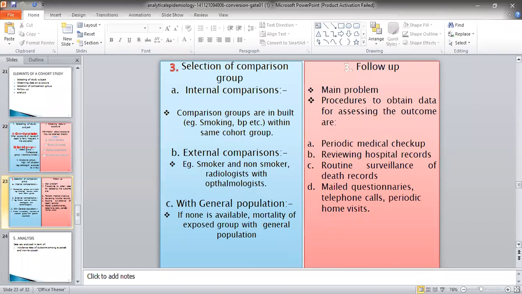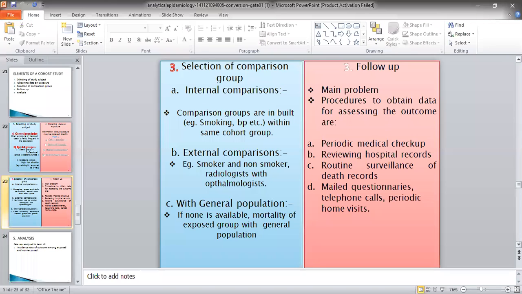For comparison, we need a comparison group along with the study or cohort group. This comparison group may be taken internally from the study. That means a single cohort will enter the study, and its members, on the basis of information, will be classified into several comparison groups according to the degree or level of exposure to risk.